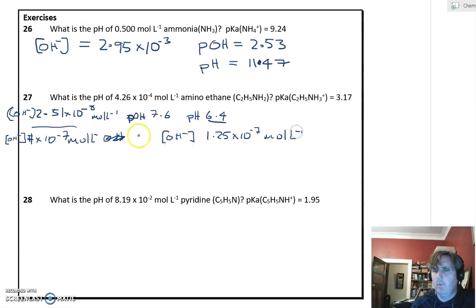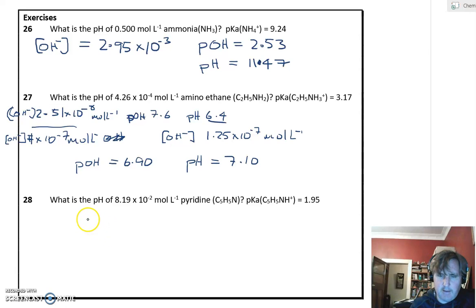This is because we hadn't accounted for the hydroxide that was already in the water. So we get a pOH now of 6.90, which is fine because it gives us a pH of 7.1. It is a base, but a very weak base.